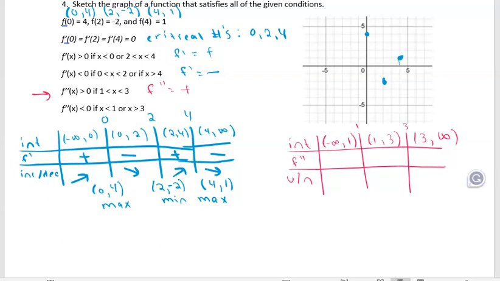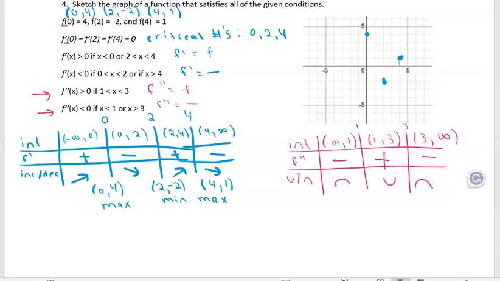And this piece right here is telling us the second derivative is greater than 0, that means it's positive. And the last piece is telling us the second derivative is less than 0. So the second derivative is negative when x is less than 1, that's our first interval here, or x is greater than 3. Now we've got our concavity.